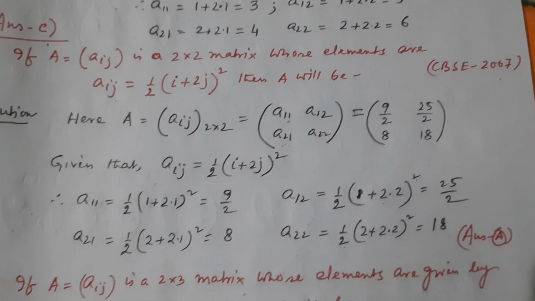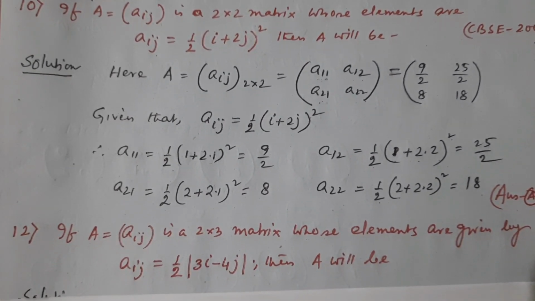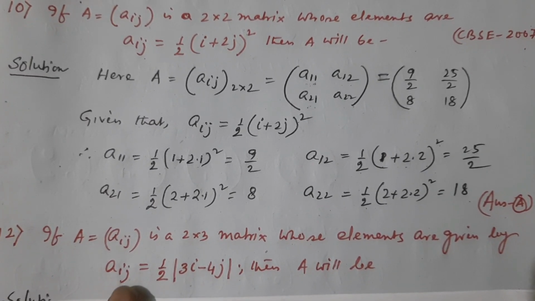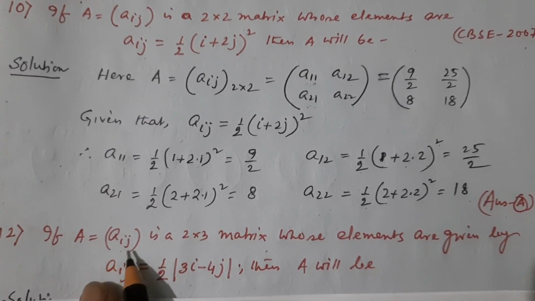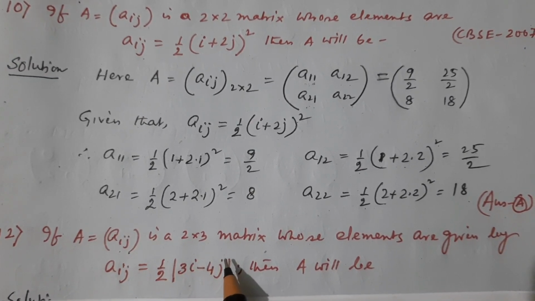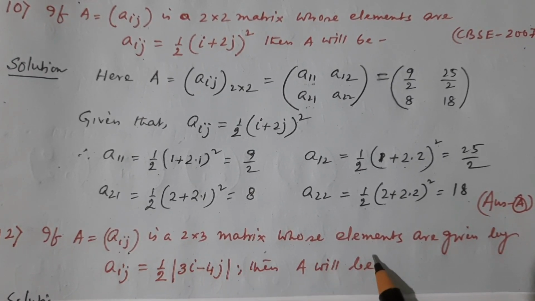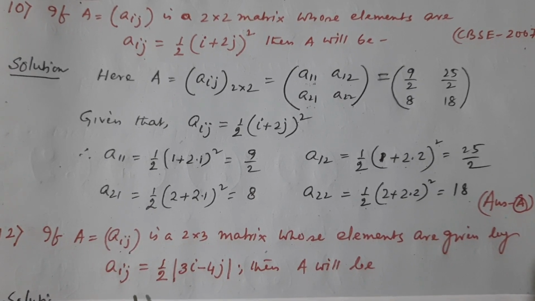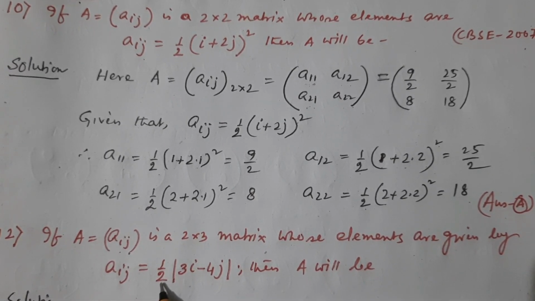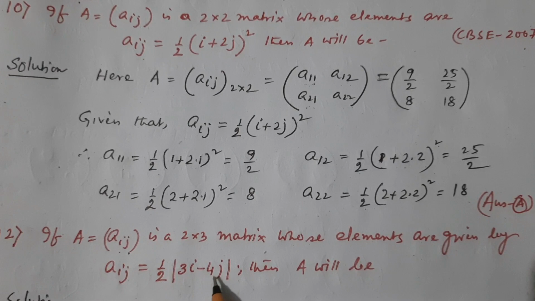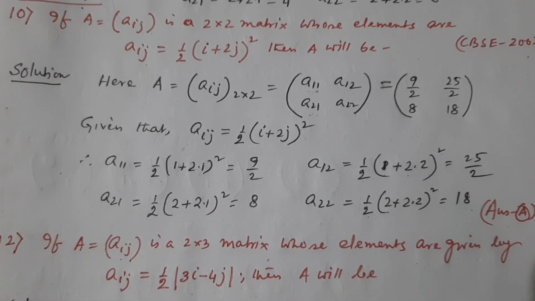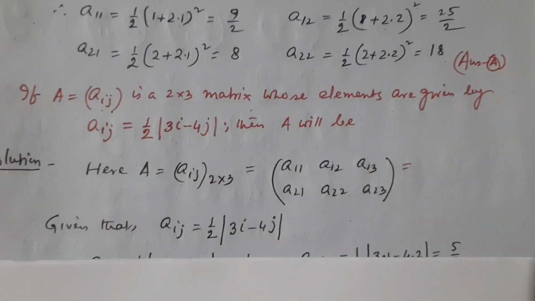Next question. Question number 12. If Aij is a 2 cross 3 matrix whose elements are given by Aij equals half of modulus of 3i minus 4j, then A will be. See this solution.